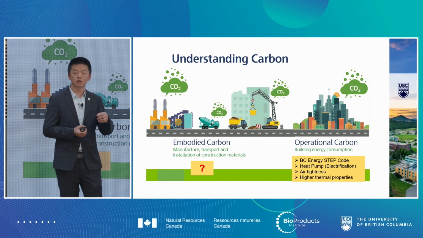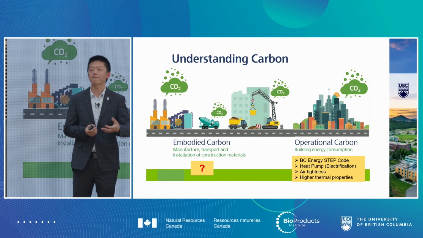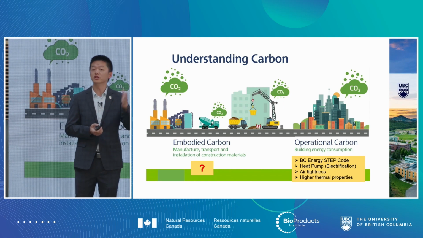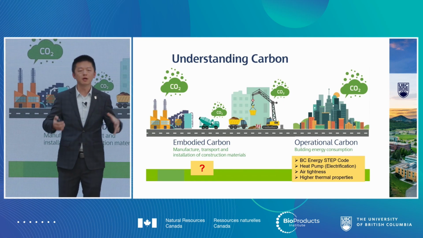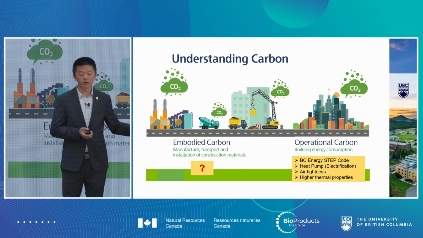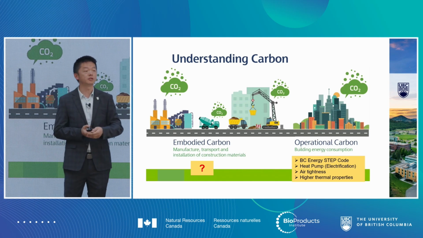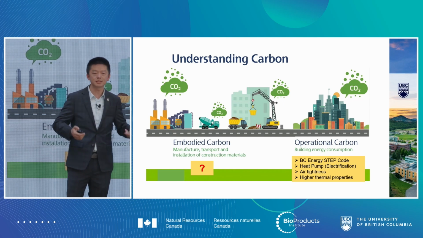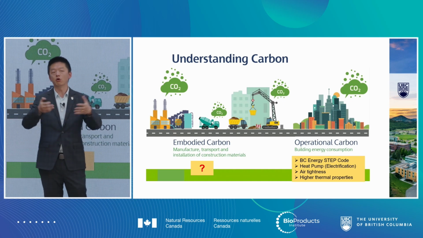Operational carbon reduction has been researched for 20 years, so it's now really mature in research as well as in industry. I don't know if you're aware of the BC Energy Step Code, which is being fully implemented in BC and is going to be implemented across Canada.